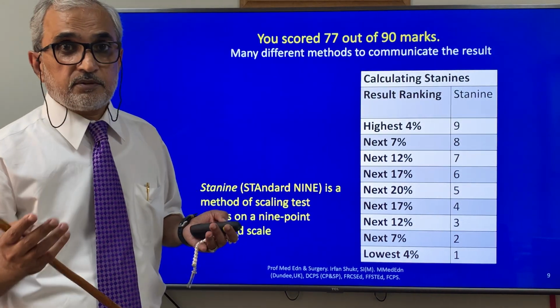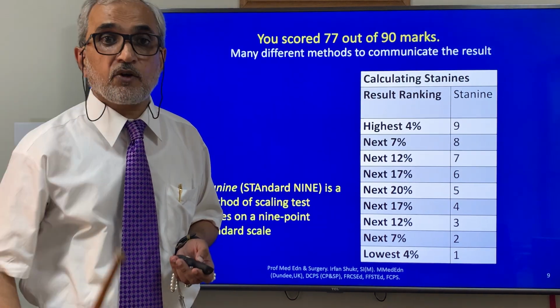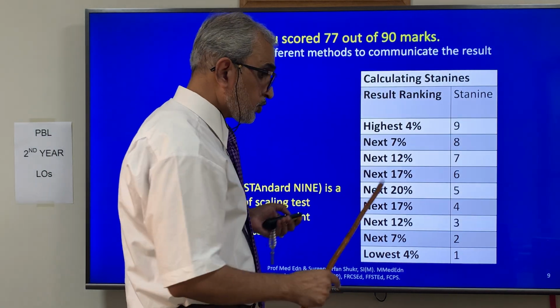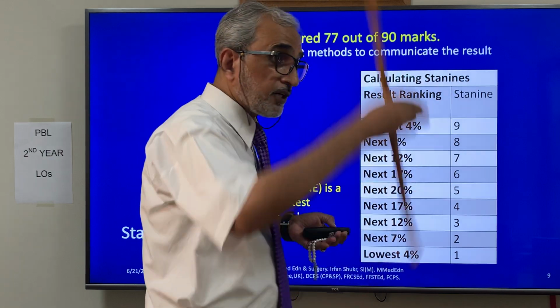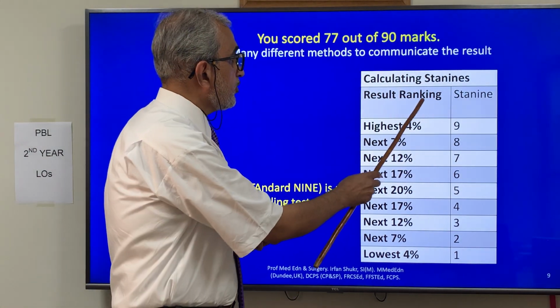All the scores which the students get are first put in ranking order. Those students who are the lowest 4% in that ranking order, their result would be Stanine 1.